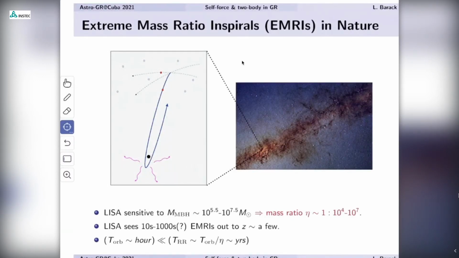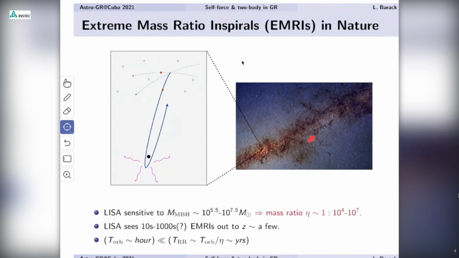So we are looking at systems where compact objects, including stellar mass black holes or neutron stars, go around big black holes, inspiral into big black holes, and eventually fall into them. The big black holes I'm talking about are the massive black holes that live in the center of the galaxy. So here's a picture of the Milky Way.